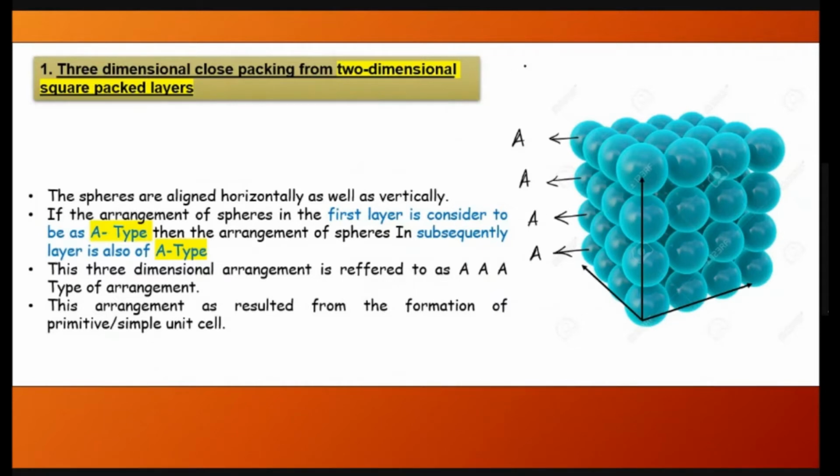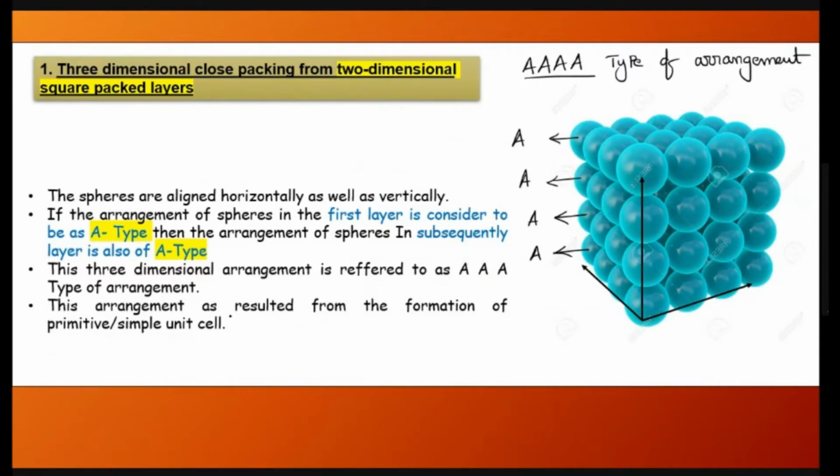This type of arrangement we call the AAA type of arrangement, because all these layers are identical and aligned horizontally and vertically with each other. That's why I call all the layers the same type of layer.